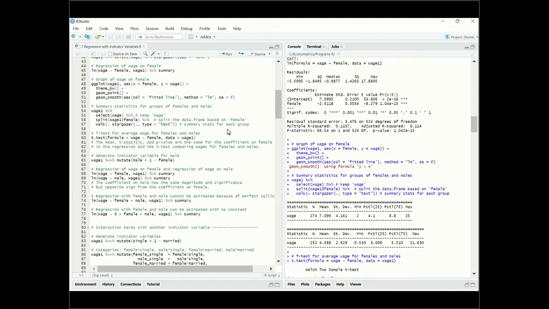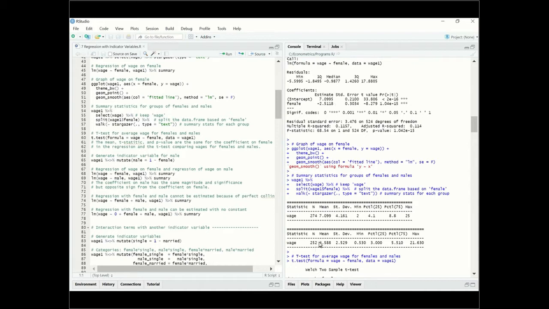So what this final line here gives you basically is the average wage for males and the average wage for females. Notice how the average wage for male is 7.099. This is exactly this coefficient here. Why? Because for males, female would be equal to 0. So basically, that's all we have in the regression. So that's why that's the average wage.